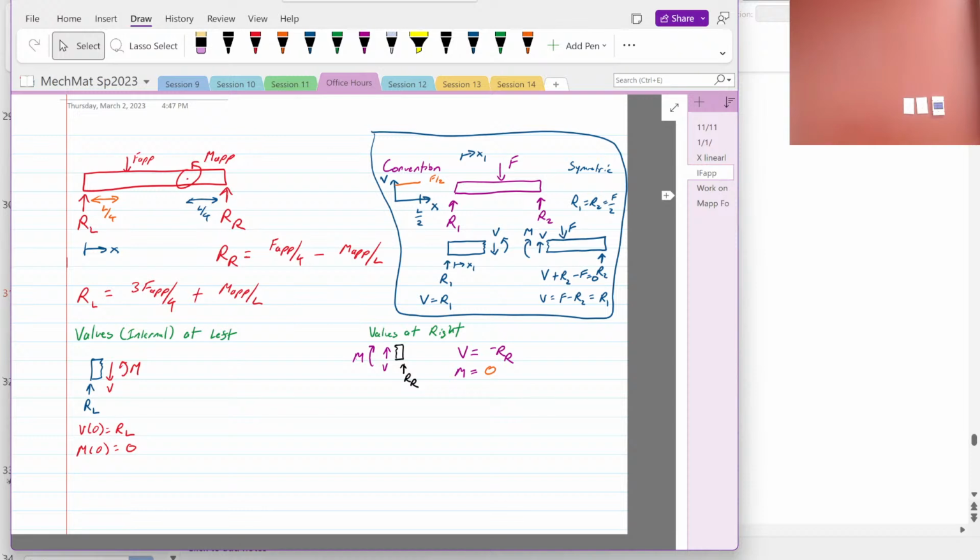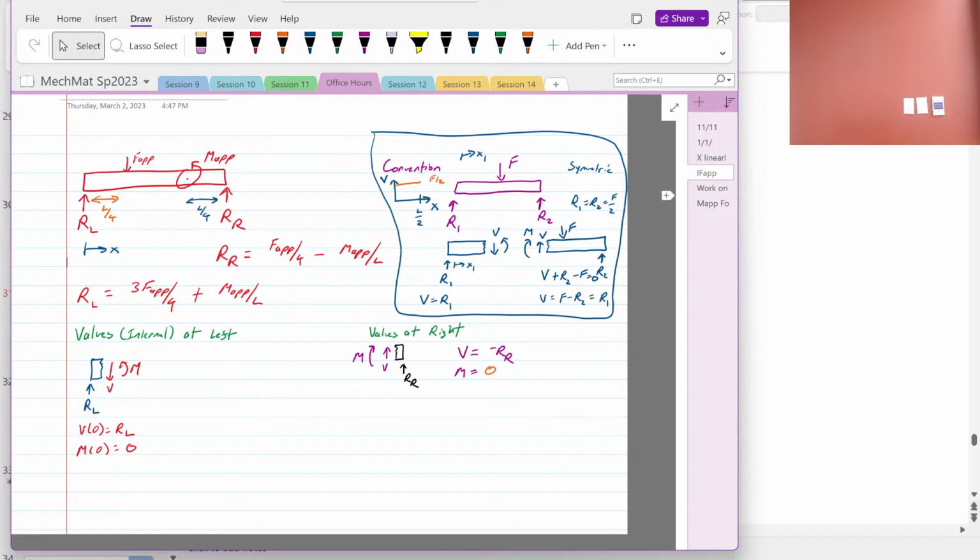So look what happens. It's kind of fun. We said that we had RL on the left side, which is 3F over 4 plus MF over L. If I subtract FM from there, I get RL minus FM.